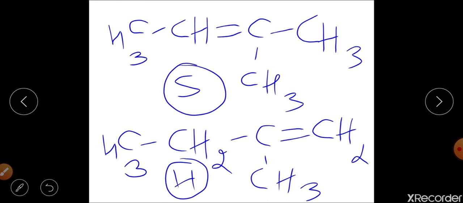Now what will be the ratio of these two products when we change the base? Because we were talking about the effect of base on the orientation of elimination reaction. So my dear students, note it down that when the base is sodium ethoxide, the S product will be 70% and the H product will be 30%.